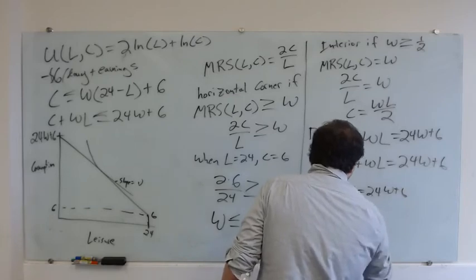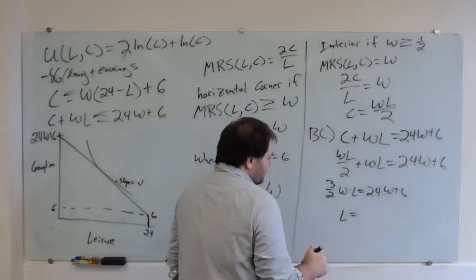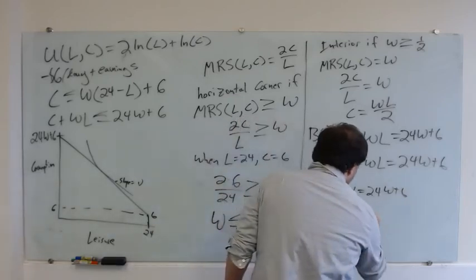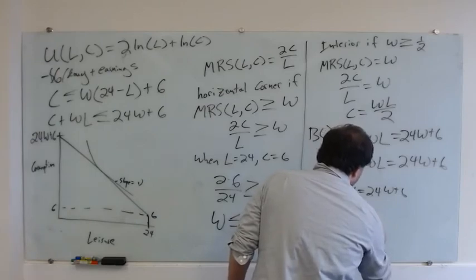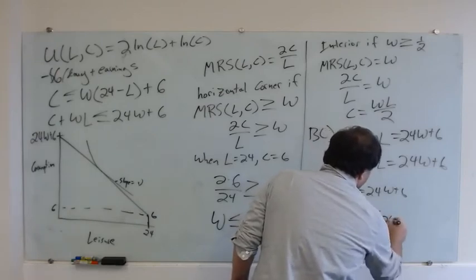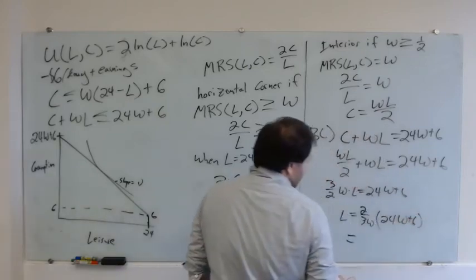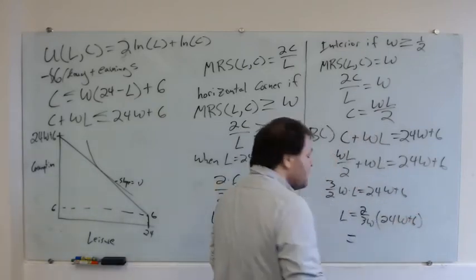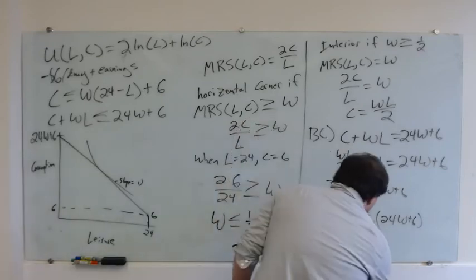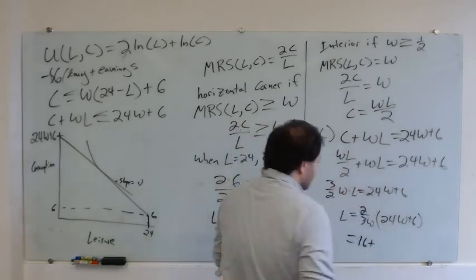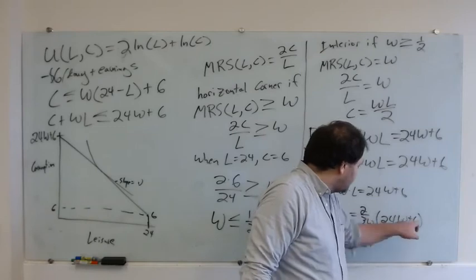L is going to equal, right, 2 over 3W times 24W plus 6, which is, right, 2/3 of 24 is going to be 16. 16 plus, right, 2/3 times 6 is 4.